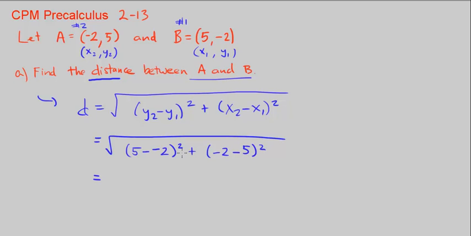When I have a subtraction of a negative, I make that into a positive, because 2 negatives make a positive. So 5 plus 2 is 7. So 7 squared plus -2 minus 5 is -7 squared.